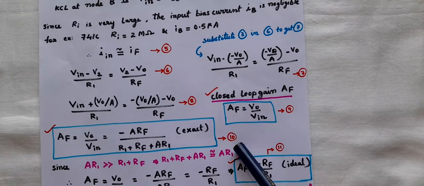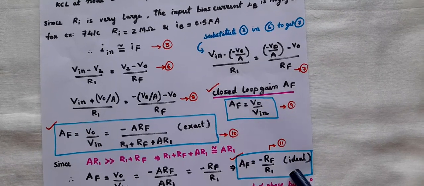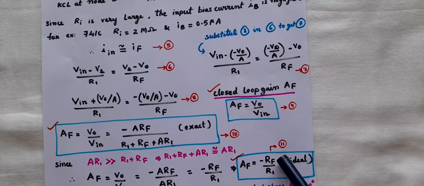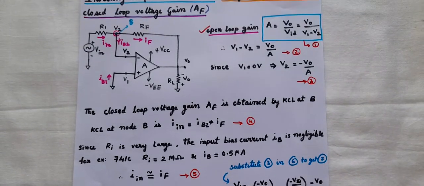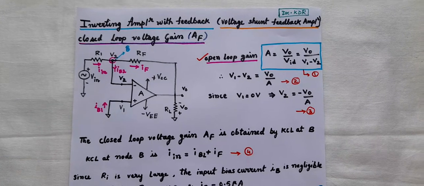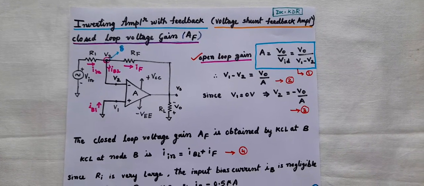And on putting the approximation, we get the ideal equation AF is equal to minus RF by R1. I hope the derivation is clear for the inverting amplifier with feedback.